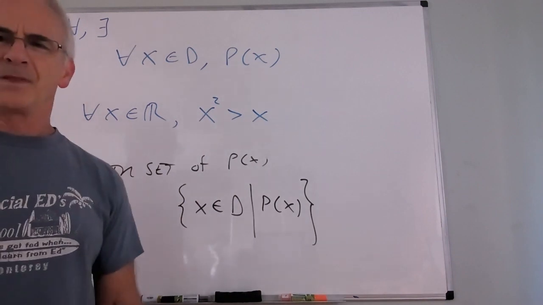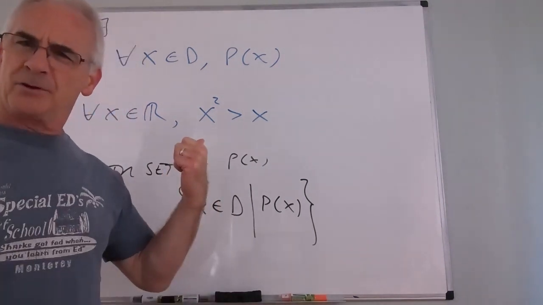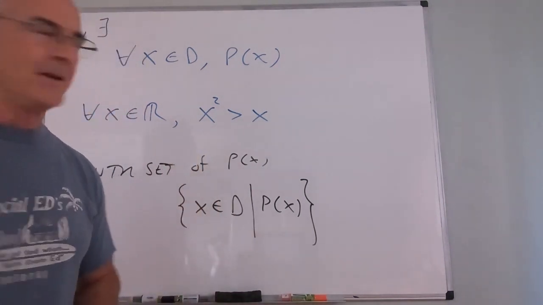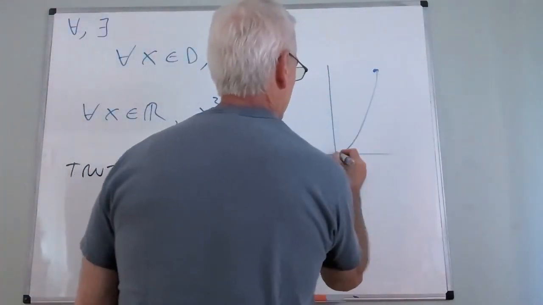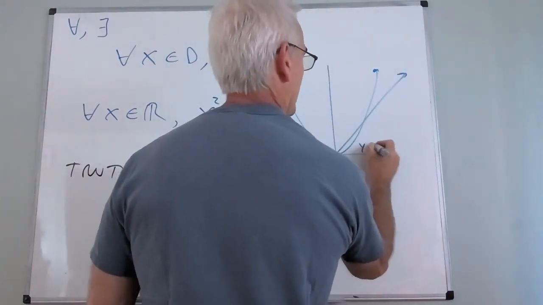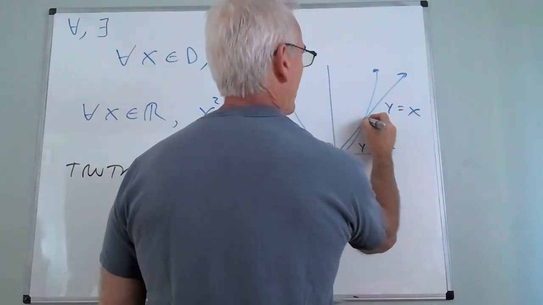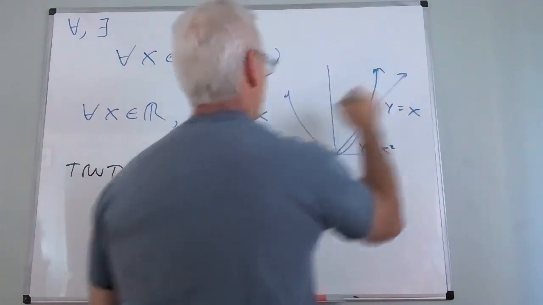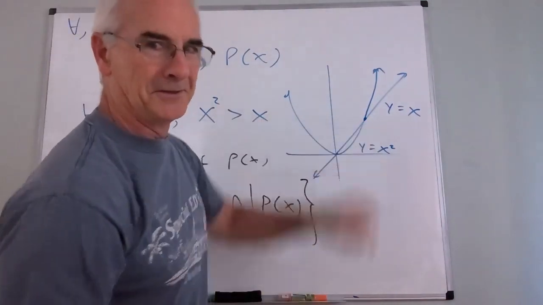I believe it's false. But aren't there an infinite number of occurrences where this is true? I just think of a parabola. This is y equals x squared. That's y equals x. So from this point on, x squared is always bigger than x.